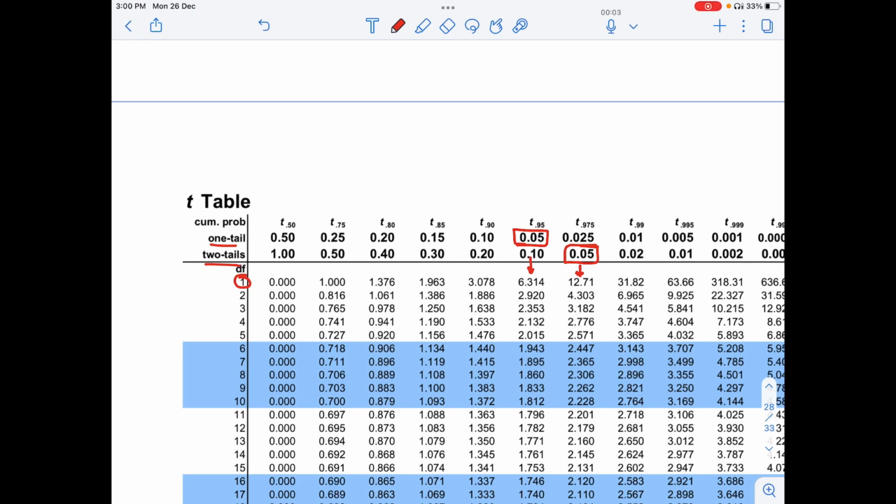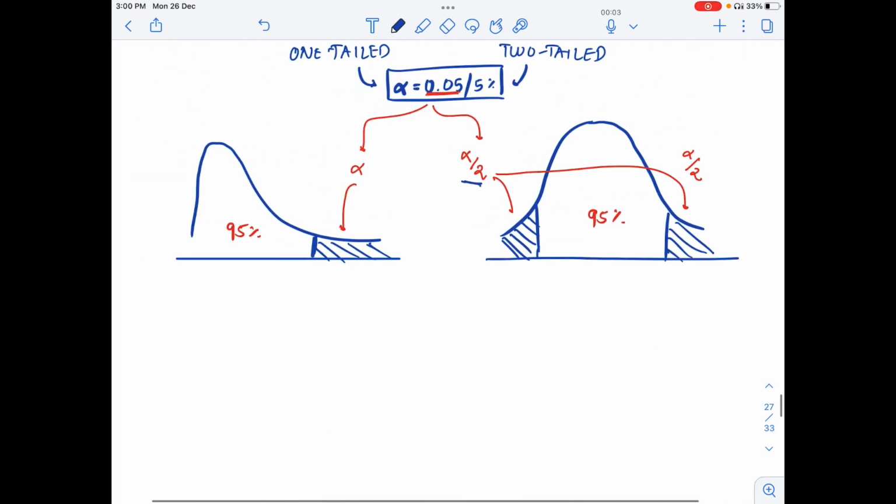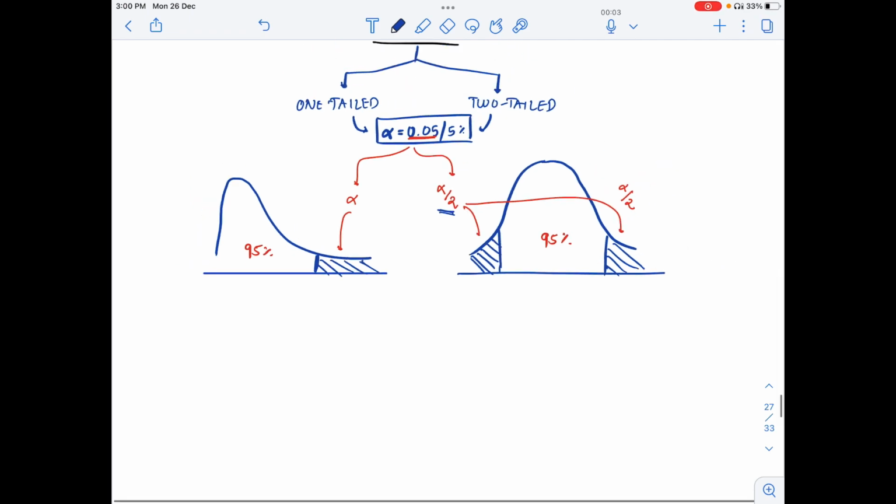If you see, all the values for the one-tailed test are multiplied by 2 to get the values for the two-tailed test, and that is very explanatory, because here we are calculating alpha by 2.